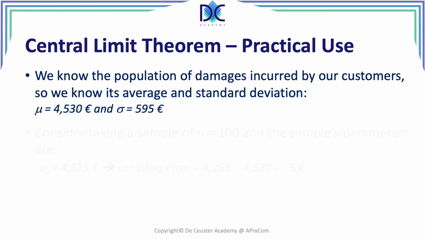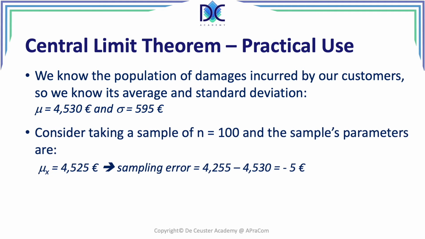Now, based on this, we take a sample of size n equal to 100, and we have the sample parameters. We find that the average is 4,525. It means we have a sampling error of 4,525 minus 4,530, which means minus 5 euro. So we're very close to the population average.